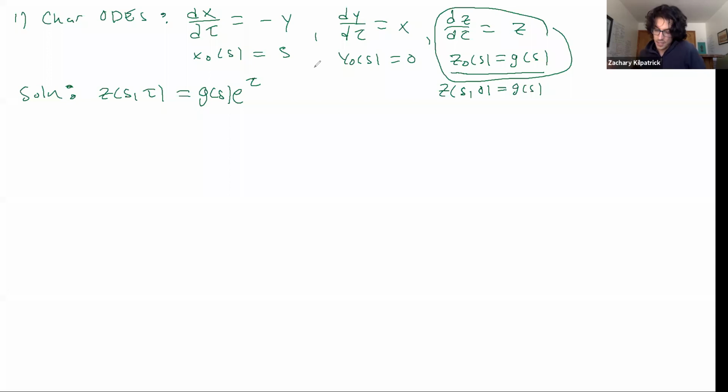The next one is a linear system, right? So the next thing we have to solve is the x and y ones together, okay? Anybody just know off the top of their head what the solution to this is? x tau equals minus y, y tau equals x.